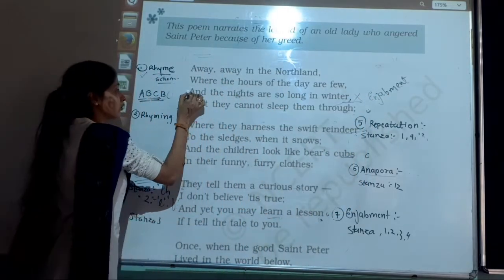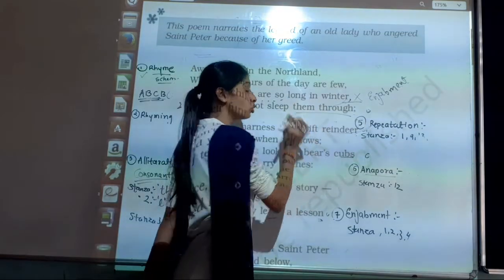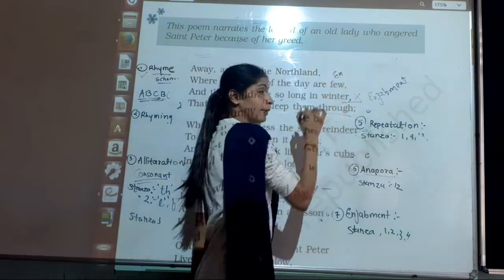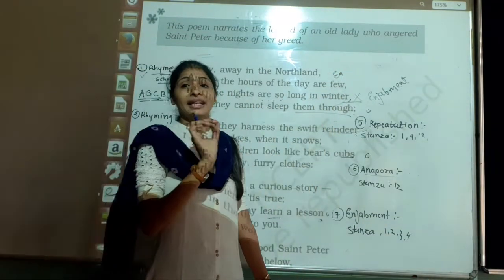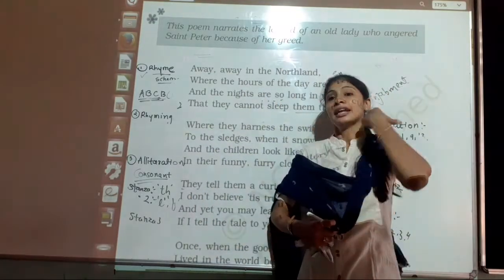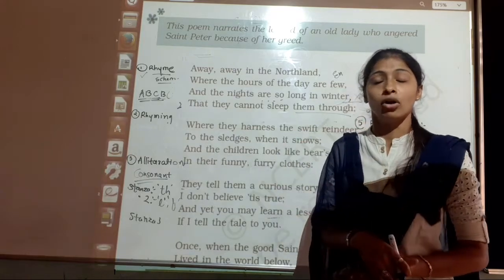You will write "and the nice..." dot dot dot, then you will write the name too. So you have to write enchantment, and in the bracket you will write that if at the end of that line no punctuation mark is given and that line continues in the next line, that becomes an example of enchantment.